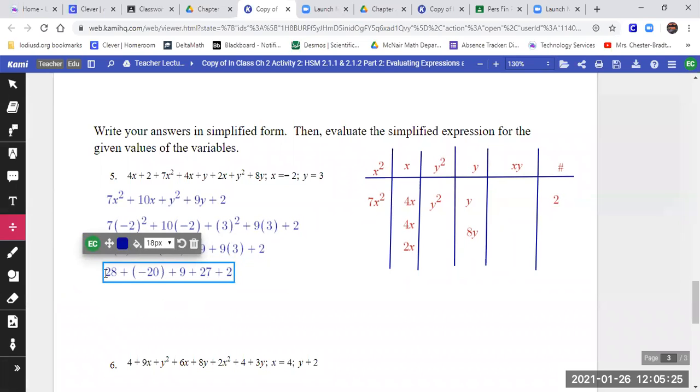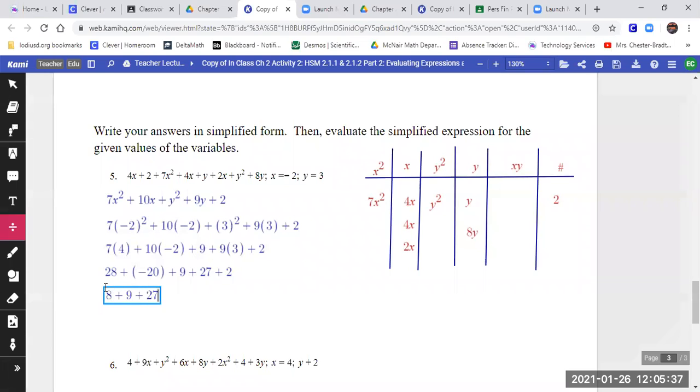So 28 plus a negative 20 is the same thing as saying 28 minus 20. So it's 8. We didn't change the 9 with subtraction. We didn't change the 27 with subtraction. We didn't change the 2 with subtraction. We are now able to pull it together for a final answer.